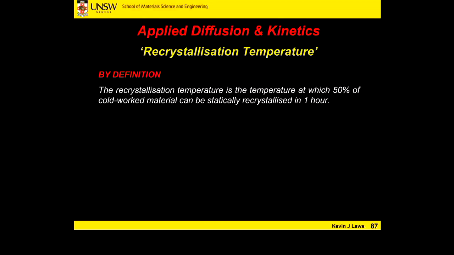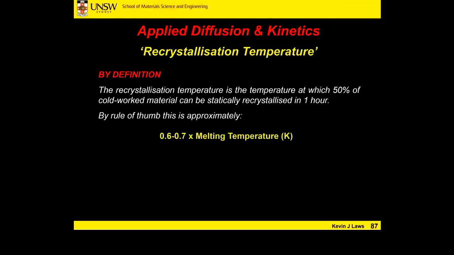Industry manufacturers know that when they go through their rolling process, they've deformed it this much, a reduction of 50% in cross-section area for rolling or something like that. Then they know we have to hold it at this temperature for so long to recrystallize so many percent of our structure. By rule of thumb, this is approximately 0.6 to 0.7 times the melting temperature in Kelvin. So that's usually where material will at least begin and proceed to recrystallize.